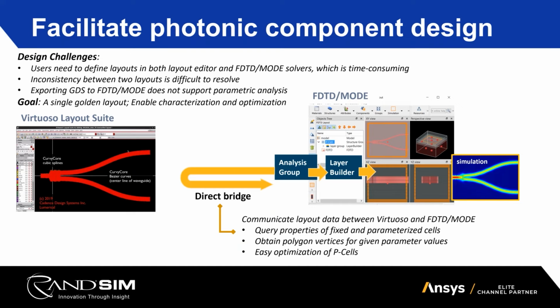Most of the GDS exporting to the multiphysics tools does not support parametric analysis. With the Cadence and Lumerical component design workflow, the layout design in Cadence can be parametric, so the users can change some of the parameters on the layout, and it is kind of like a one-click export of the layout to the Lumerical multiphysics tools.